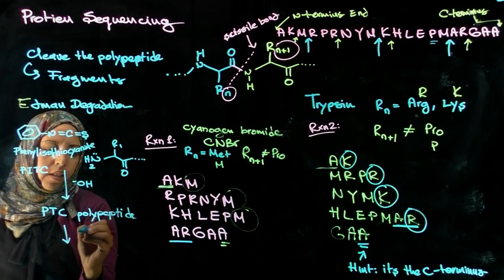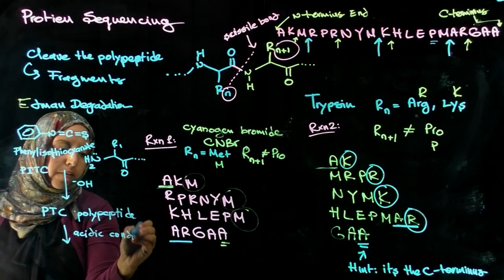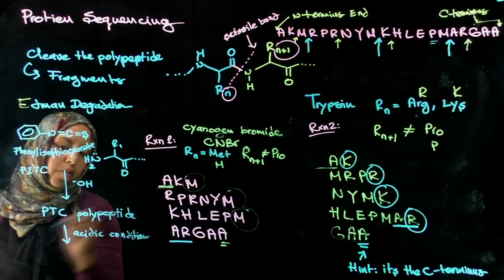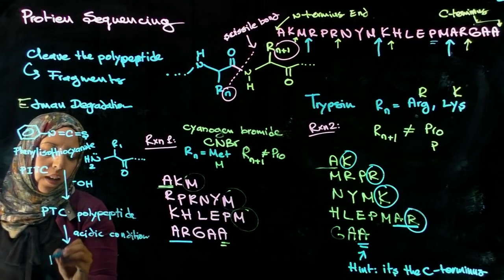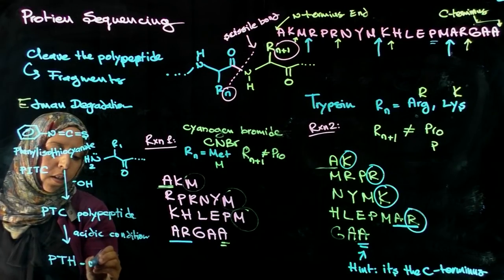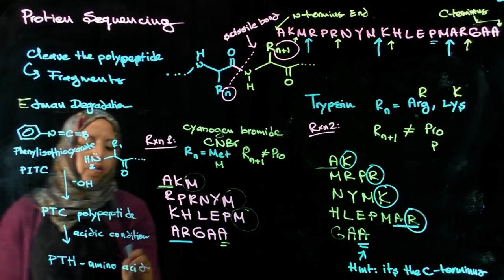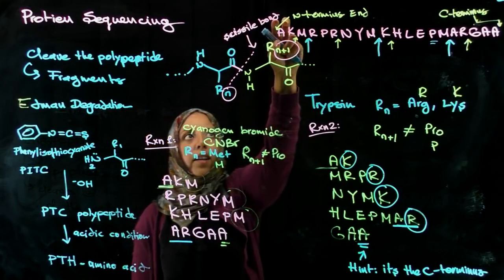And then what we use is some acidic conditions, right? And what we get is what we refer to as a PTH connected to the amino acid, and it's specifically only connected to the N-terminal amino acid residue.